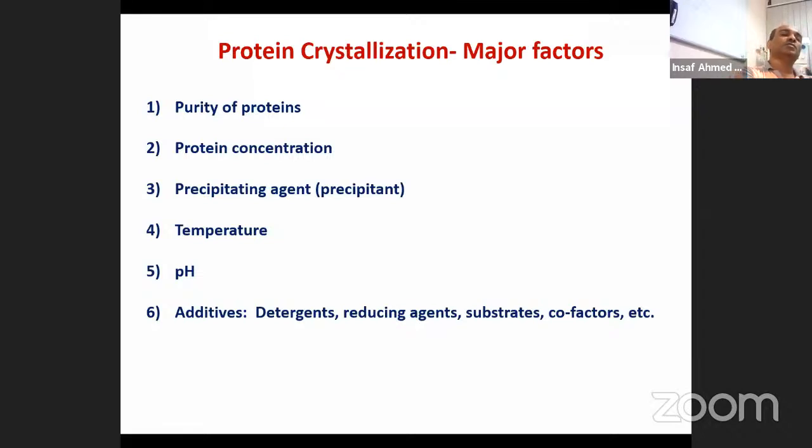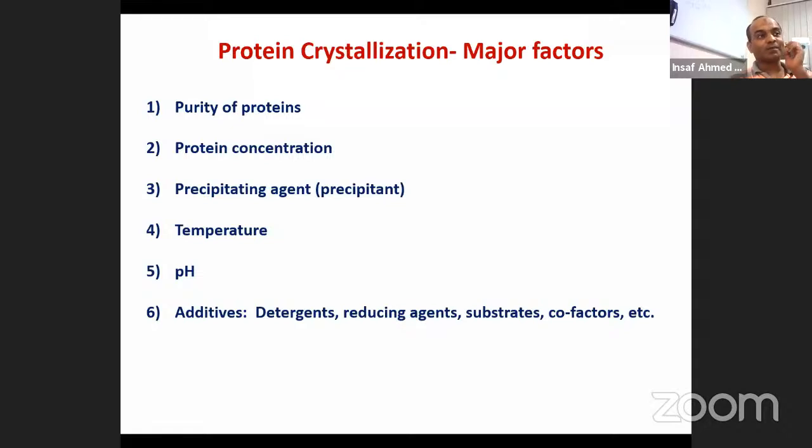Another is the reducing agent. If you remember, when we were discussing the proteome, we checked one most important thing, the cysteine actually. How many cysteines are there? Suppose your protein has 6 cysteines. Theoretically, it may form a minimum of 3 disulfide bonds.